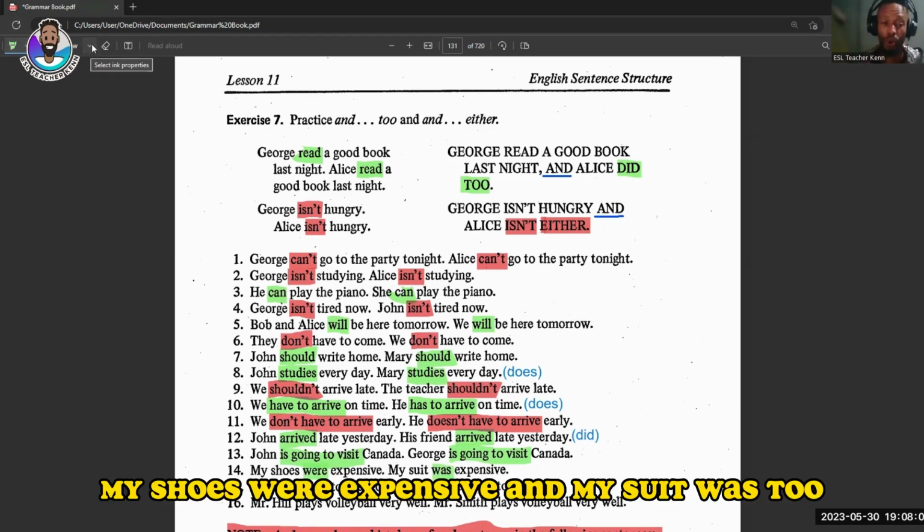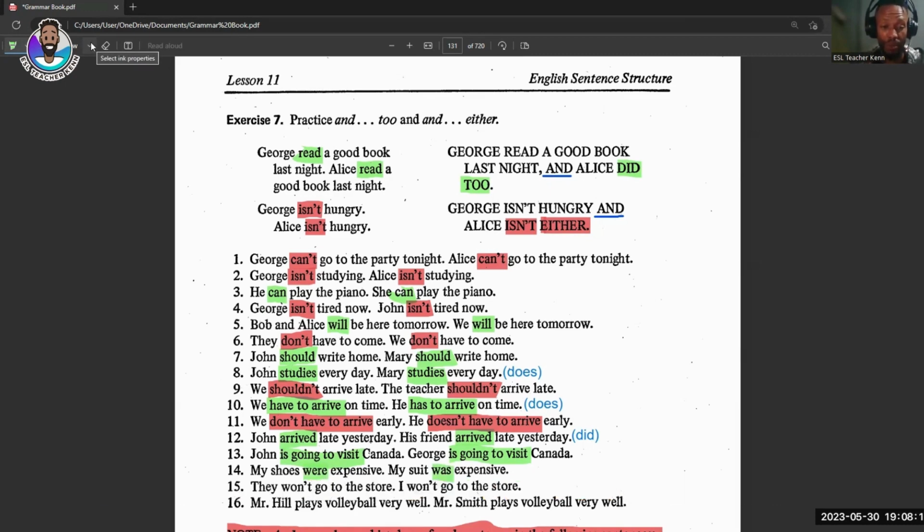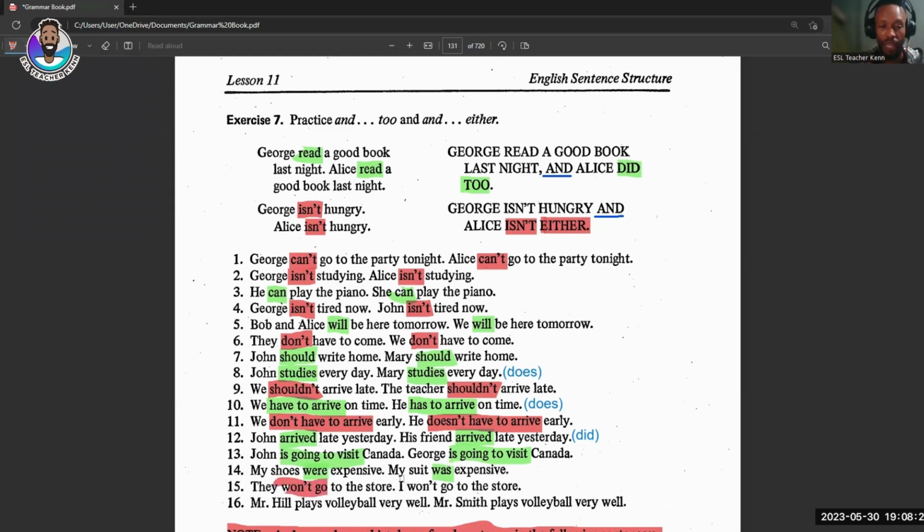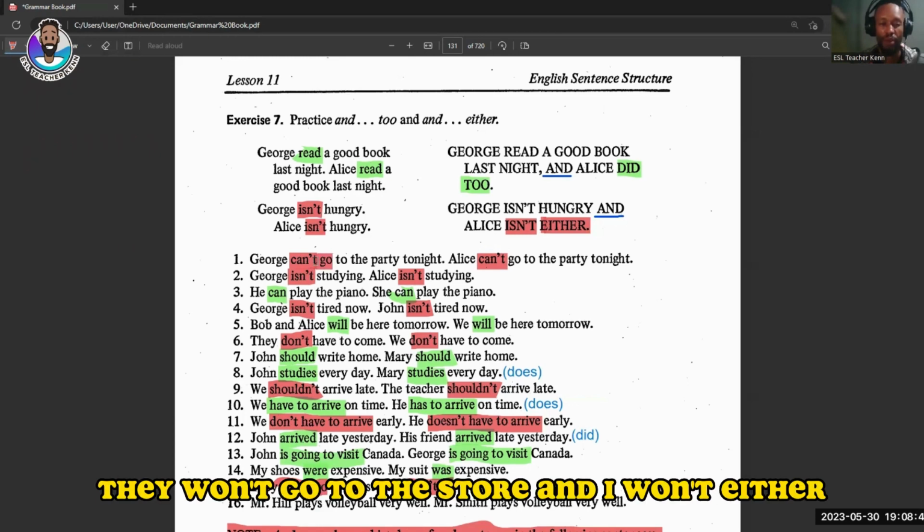My shoes were expensive, and my suit was too. They won't go to the store. I won't go to the store. They won't go to the store, and I won't either.